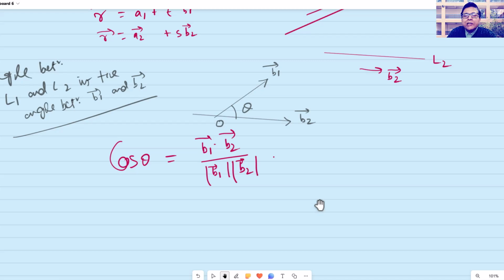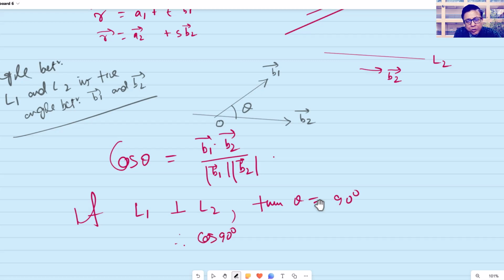And now, if two lines are perpendicular, if L1 is perpendicular to L2, then what do you observe? Then theta equal to 90 degree. So, cos 90 is going to be 0, and this is nothing but b1 dot b2 by mod b1 multiplied by mod b2.